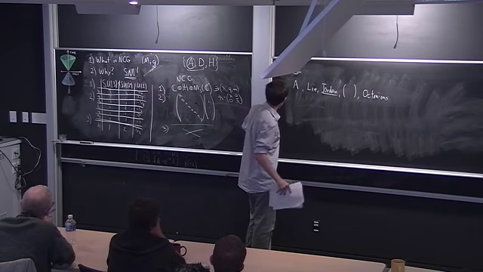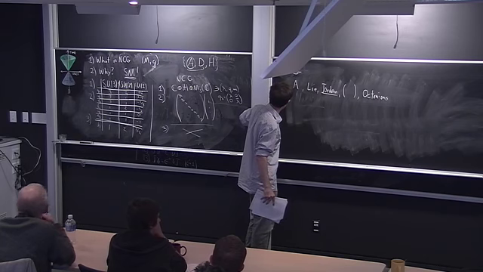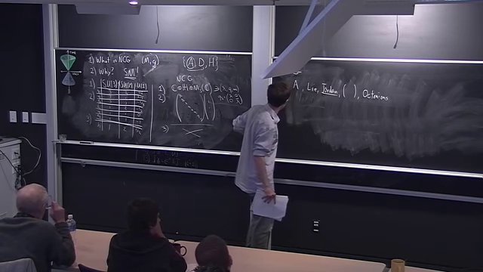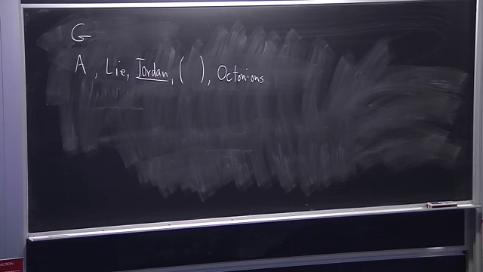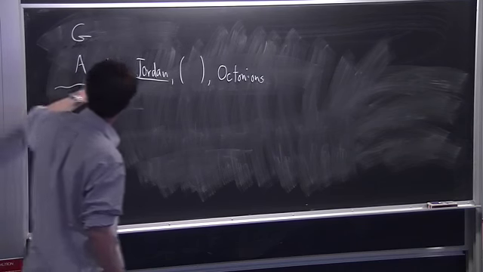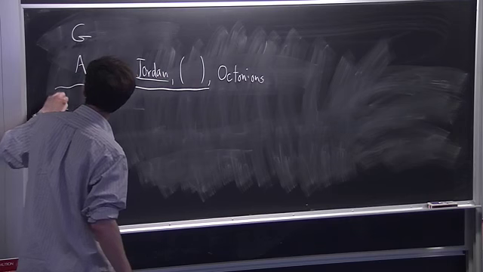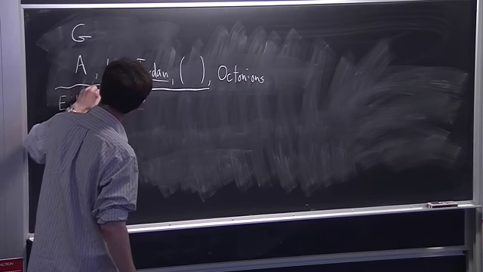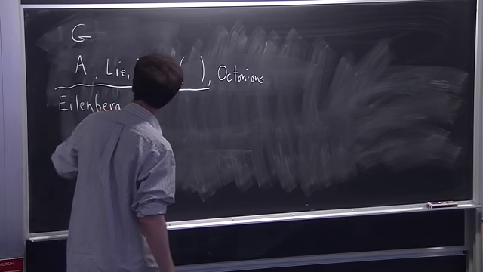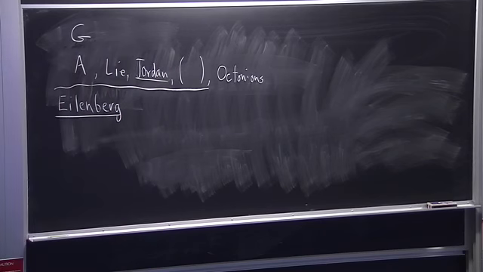Already in the 40s, while he was taking a break from inventing category theory and algebraic homology, Samuel Eilenberg gave a very nice answer to this question of what it means to represent a non-associative algebra.